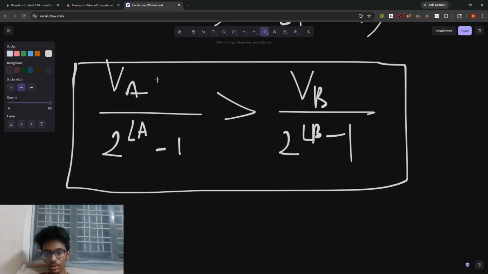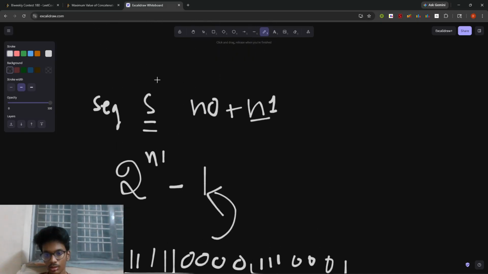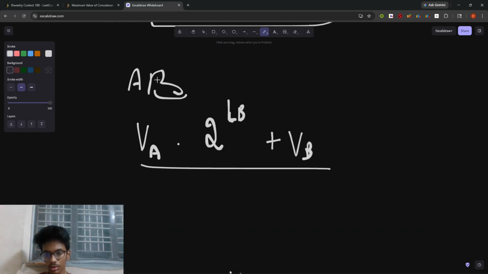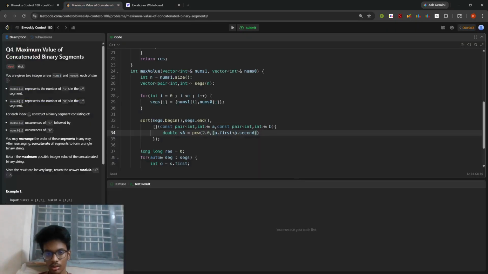I myself derived it. I'm only forgetting this. 2 power n1 minus 1. This was the expression for VA. Okay, so power of 2, A dot second, comma A dot first.